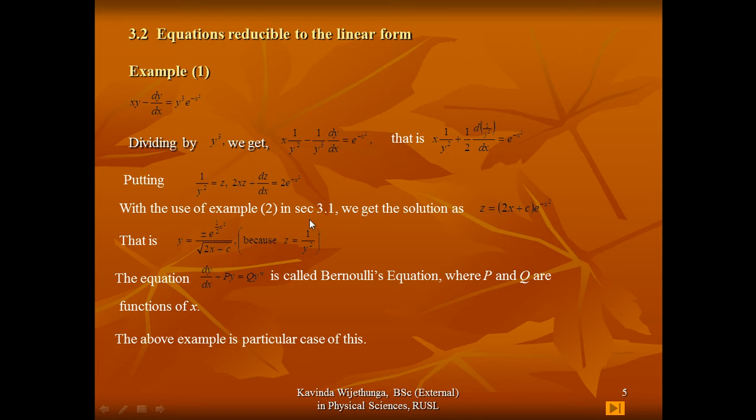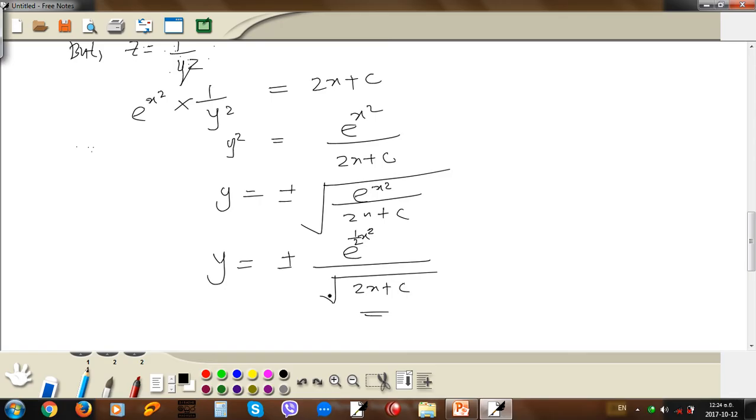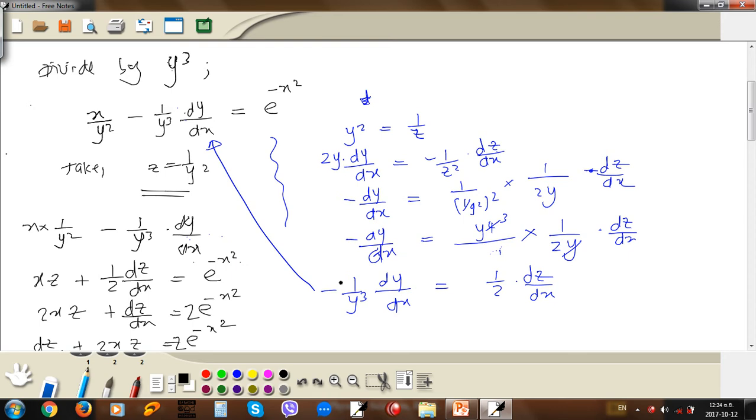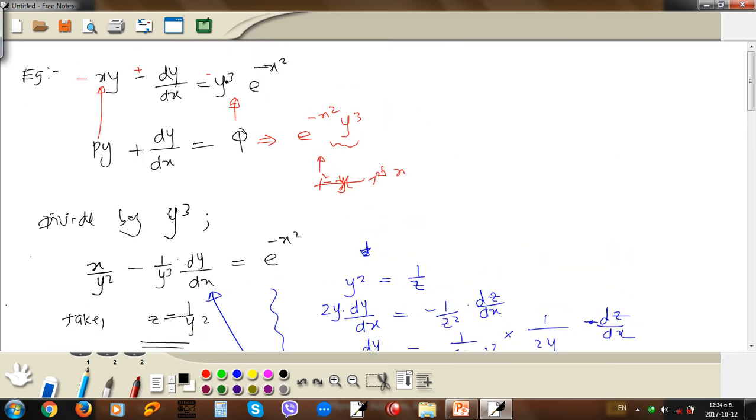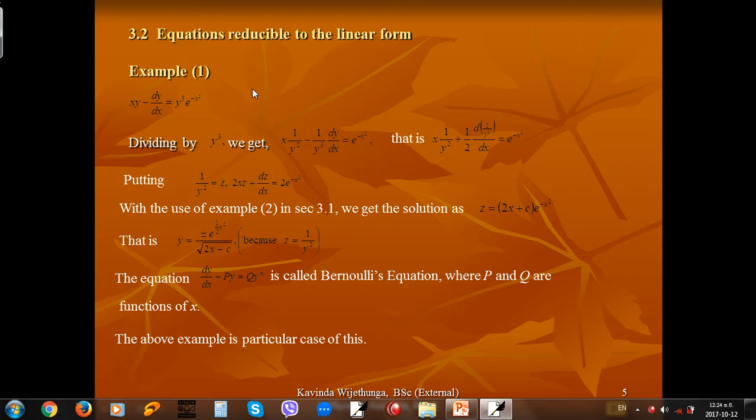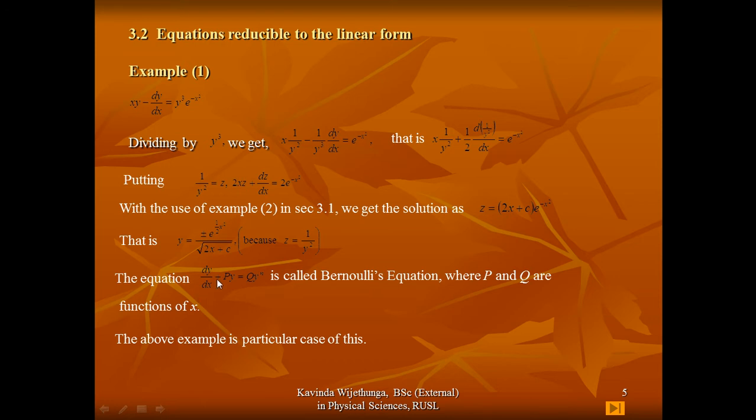So if a given equation is in this form, where there is a power of y on the right hand side, we say the equation is in the form dy by dx plus py equals q times y to the power n.